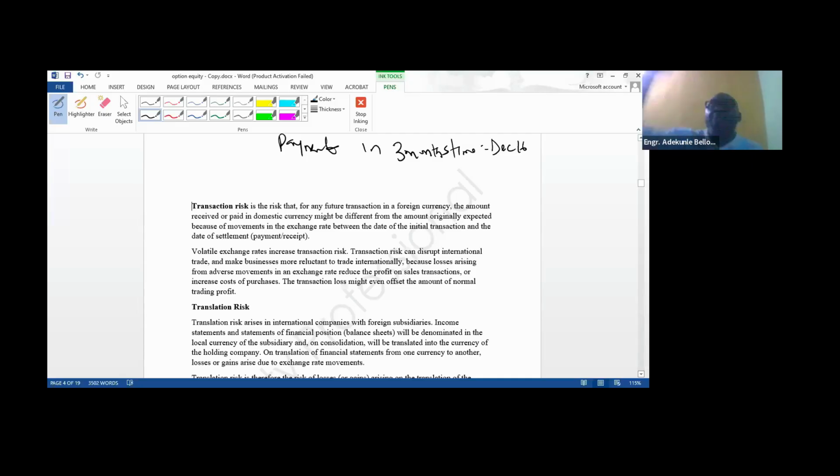Your naira payment may be higher in 3 months or may be lower as a result of fluctuation in exchange. So what gave rise to transaction risk? Why we have transaction risk is because, one, the currencies of the two parties are not the same. Two, the transaction involves future transactions.